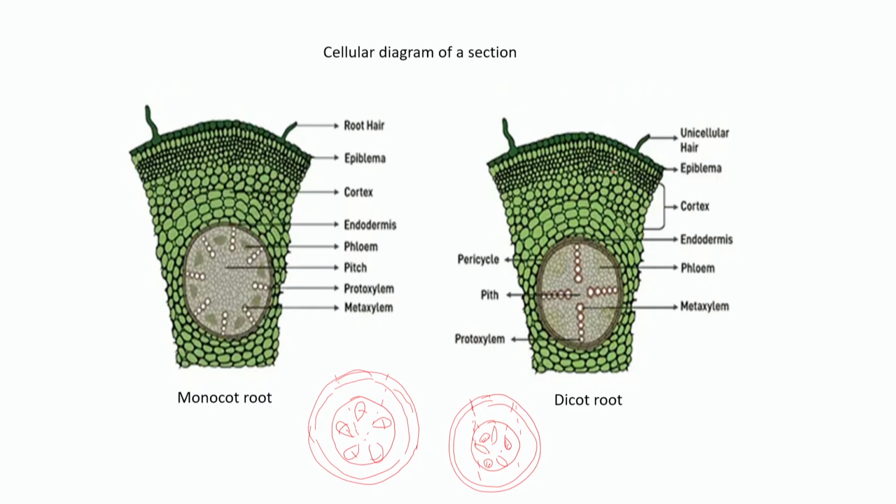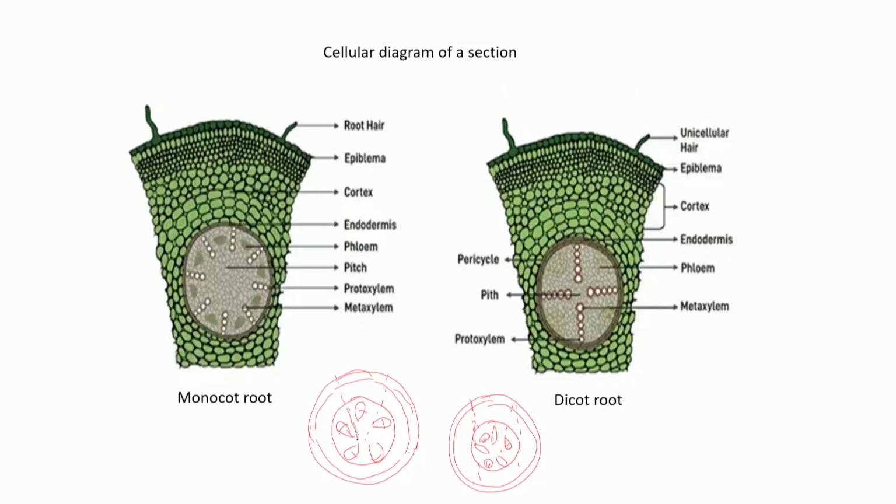So here you can see that the entire stele is shown in a complete diagram, whereas in case of stem, like in dicot or monocot stem, these have separate individual vascular bundles. So we can clearly show the cellular structure of an individual vascular bundle. We take a section which can have one or two vascular bundles in it, and then we can elaborate and draw a complete cellular diagram. So here also this is a cellular diagram which is just showing the difference between monocot and dicot root.